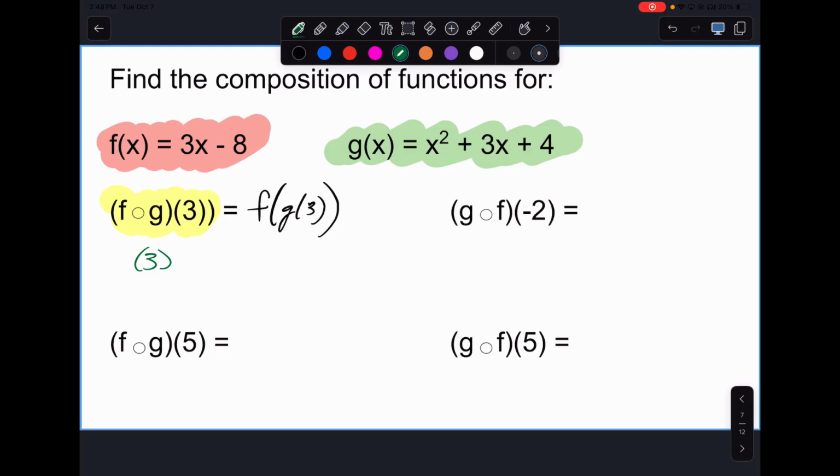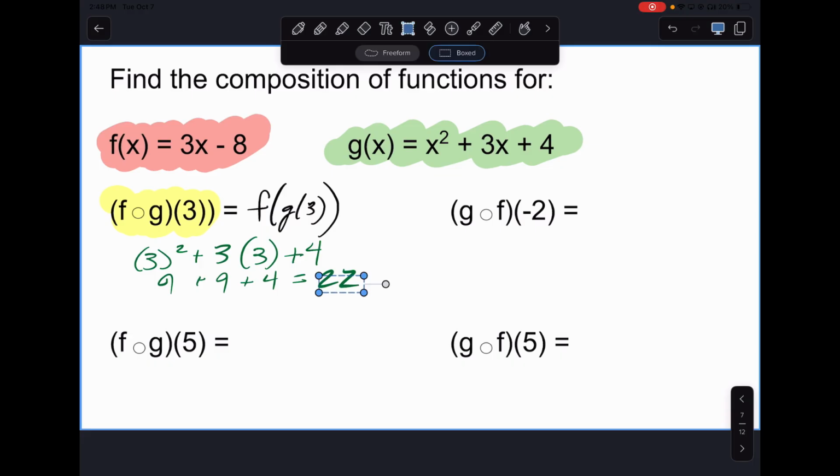We start inside out. So all I'm going to do is replace the x with a 3. So I've got 3 squared plus 3 times 3 plus 4. Three squared is 9, plus 9, plus 4 equals 22. Now that g of 3, we know that the function of g when x is 3 is equal to 22, right?